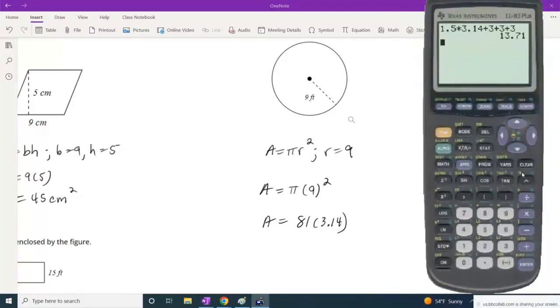On this calculator, there is a true value for pi. If I put in 81 pi, it gives 254.496. However, if you use 3.14, you will get a slightly different answer.